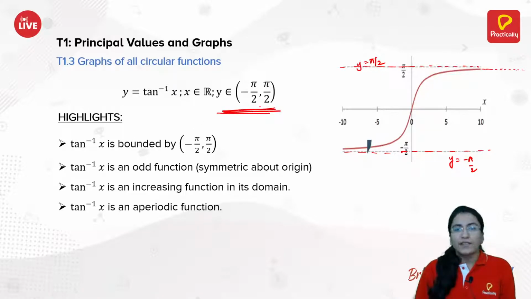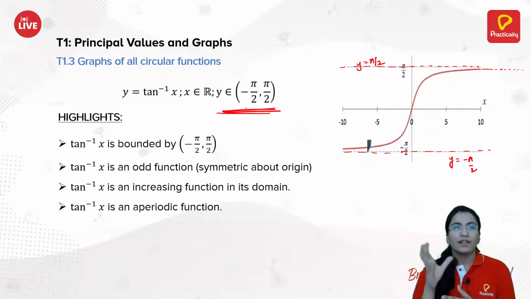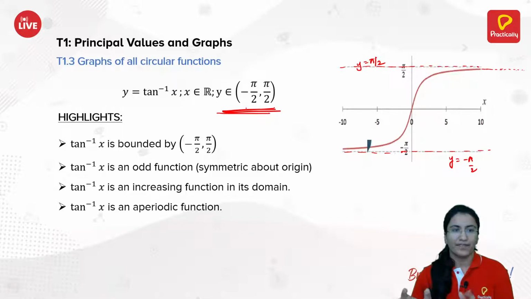You will have the graph of all the inverse trigonometric functions bounded in between the intervals which are given as the range. So it is most important to remember the table which we discussed in the second slide, what exactly is the domain and what is the range, right?